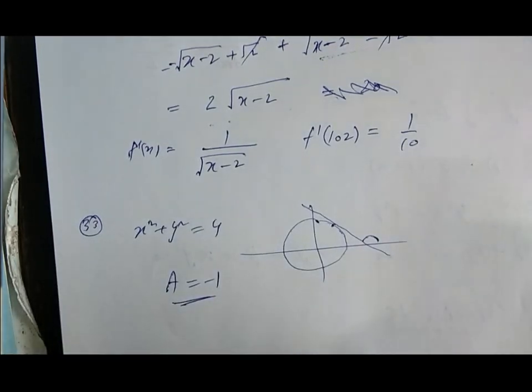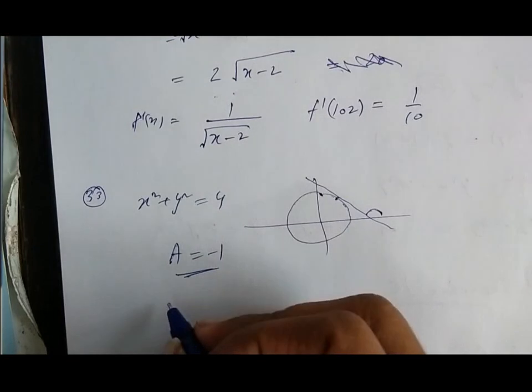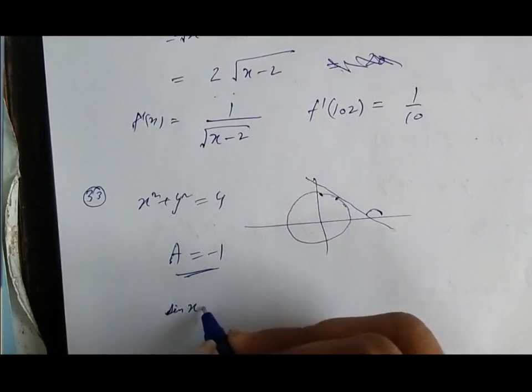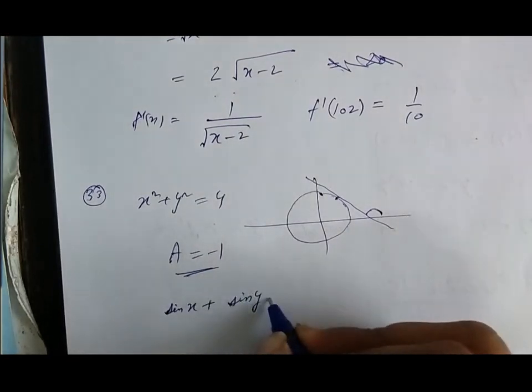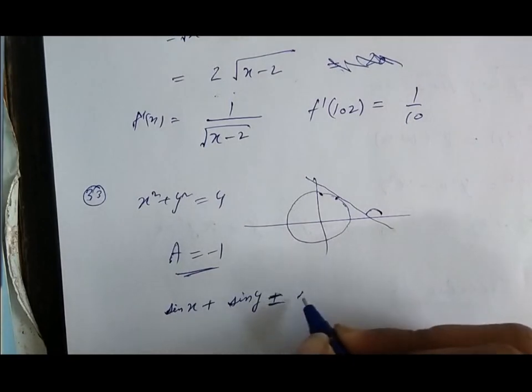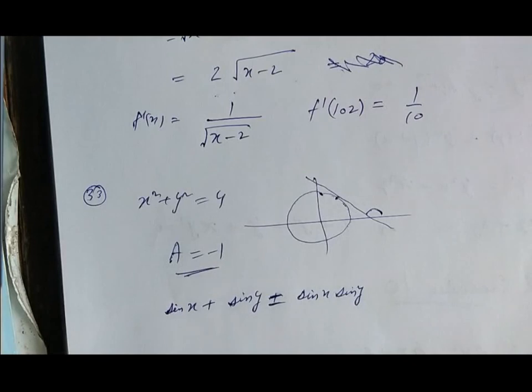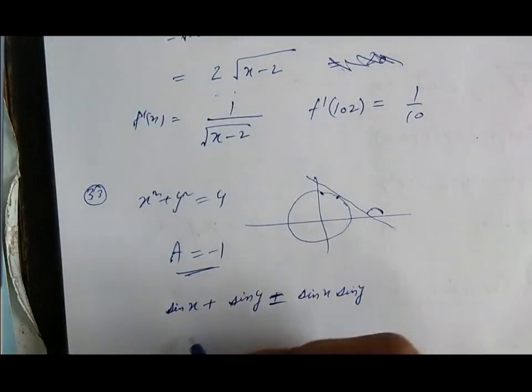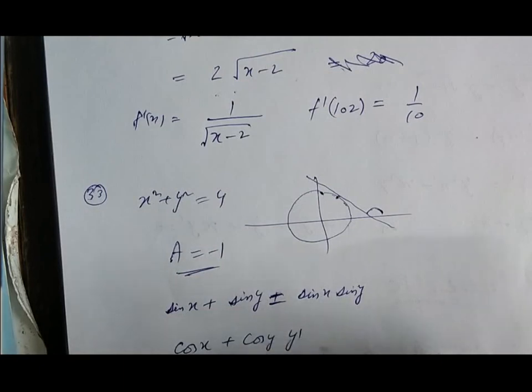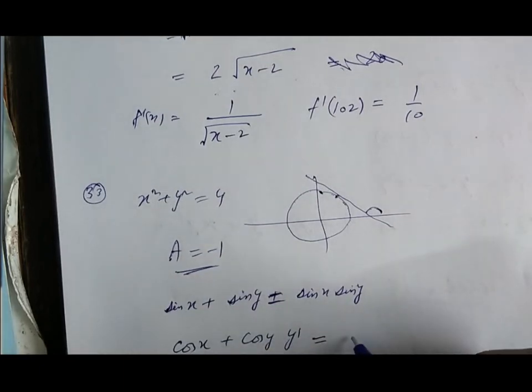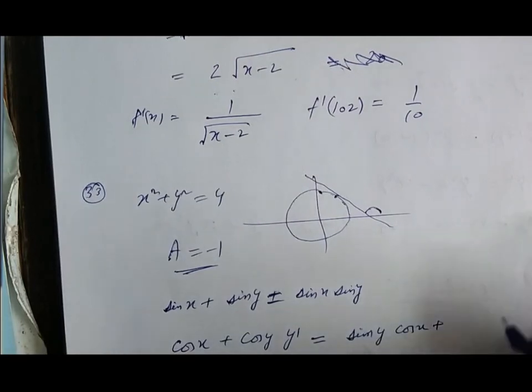Okay, and b is dy by dx for the curve sin x plus sin y is equal to sin x sin y at pi comma pi. Let's differentiate this. So cos x plus cos y y dash is equal to sin y cos x plus sin x cos y y dash.